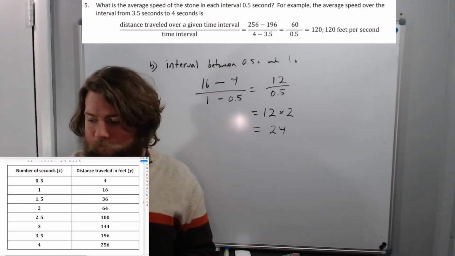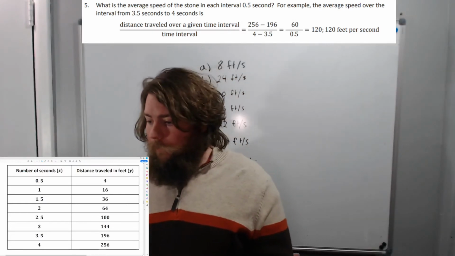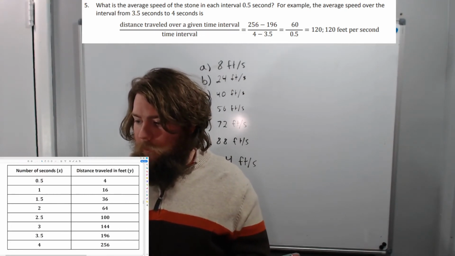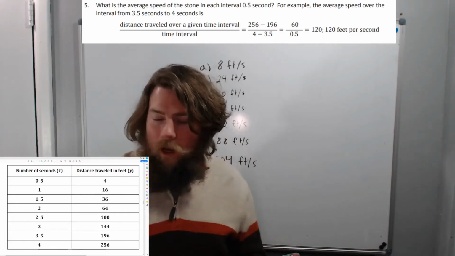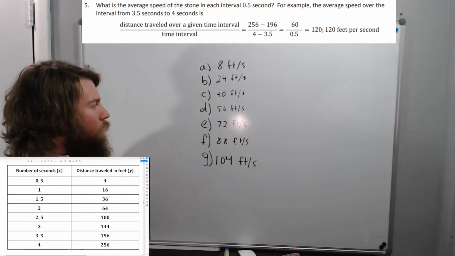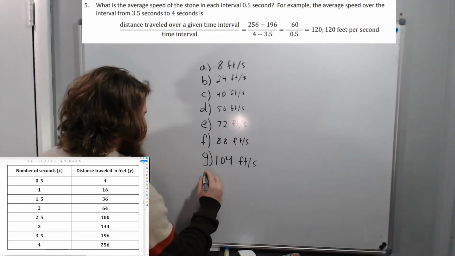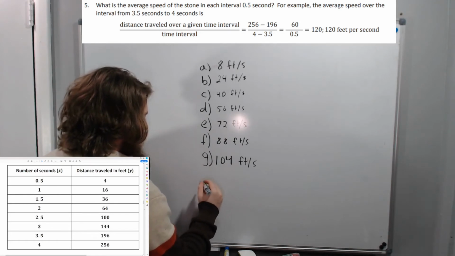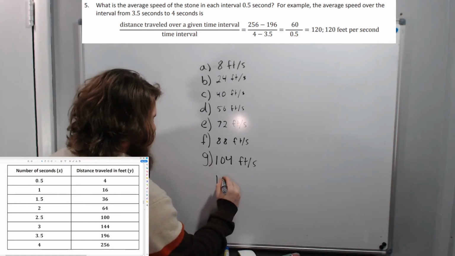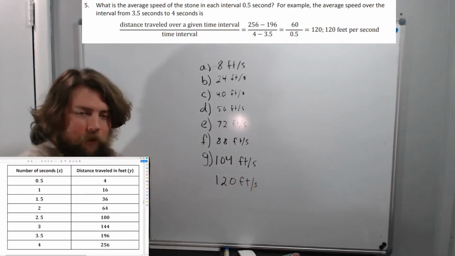All right, so let's jump into part H here for number 5. It says compare the average speed between each time interval. I've written on the board the average speeds for each half-second time interval. Technically, remember that the last half-second interval is the one that they gave you.